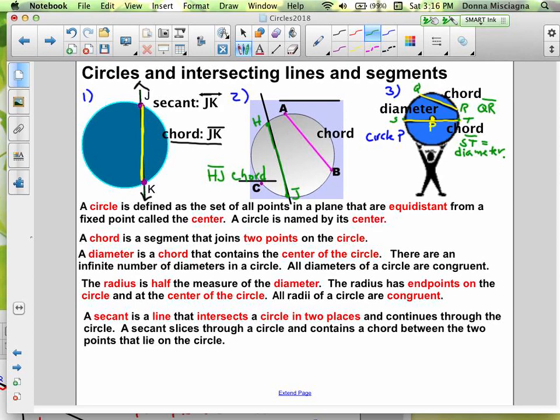We can add this to your notes: a diameter is the largest chord in the circle.